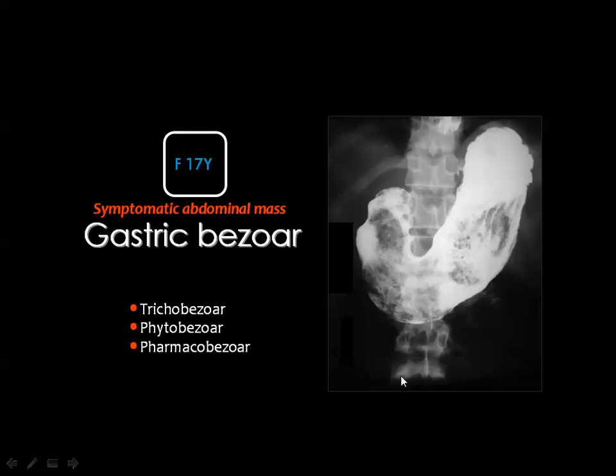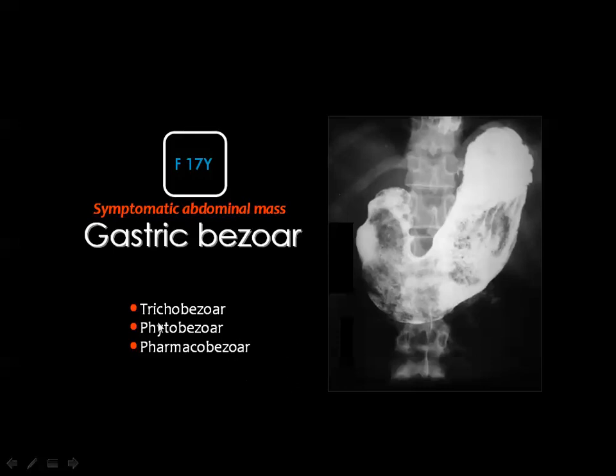Then gastric bezoar, meaning a foreign body inside, and this foreign body may be one of three: trichobezoar, a mass made of hair; phytobezoar, a mass made of plants; and pharmacobezoar, a mass made of medications.